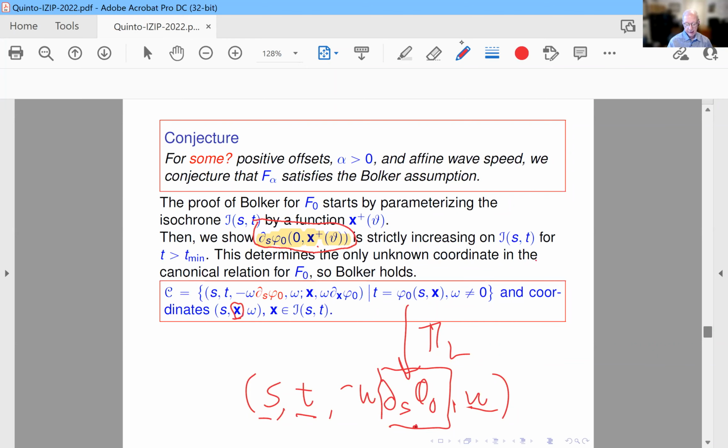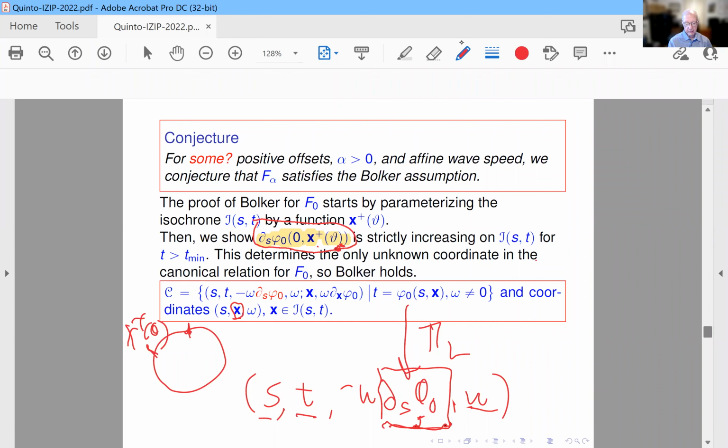The only thing we're missing is x. However, we do have this coordinate, and we do know that x is on the isochrone, parameterized like this. So by knowing this, we show in offset 0 that this function is a strictly increasing function of theta, and therefore there's an inverse function, and it's smooth, by the inverse function theorem in one variable.